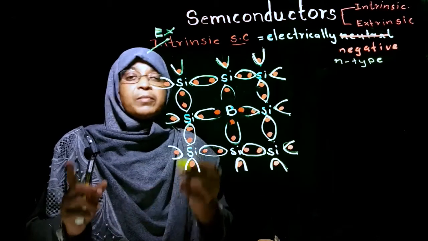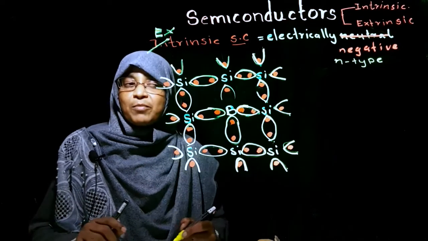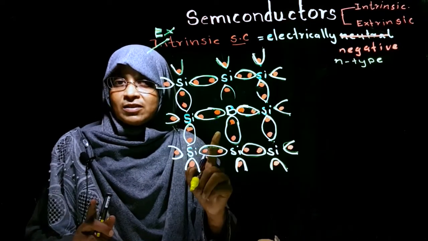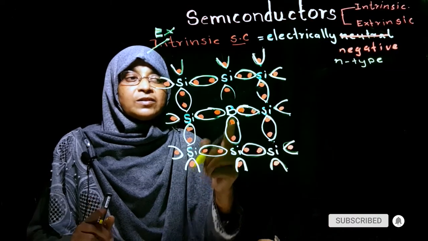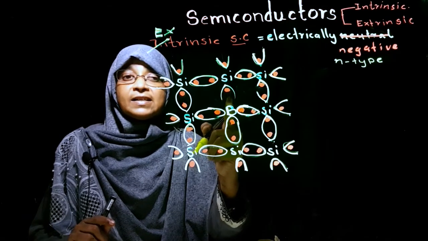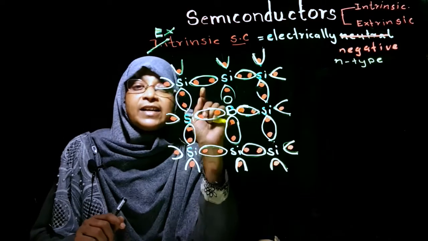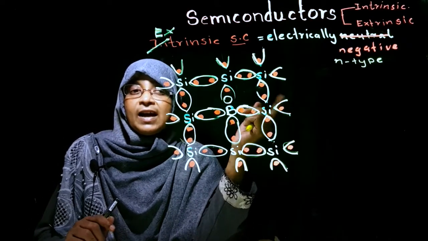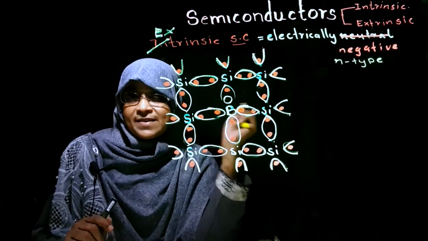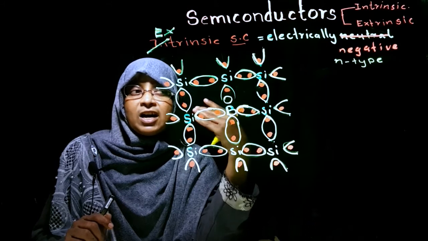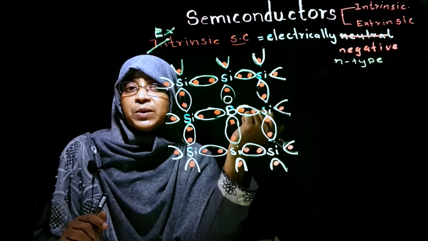Now this boron makes covalent bonds. 3 bonds, only 3 electrons. So 3 bonds, 1, 2, 3 bonds. So on this side there is a space. This space needs an electron. An electron deficiency space. So what charge does this space represent? Positive.